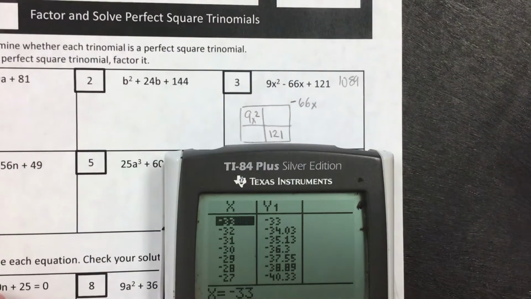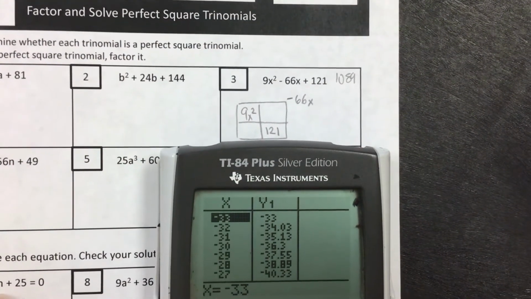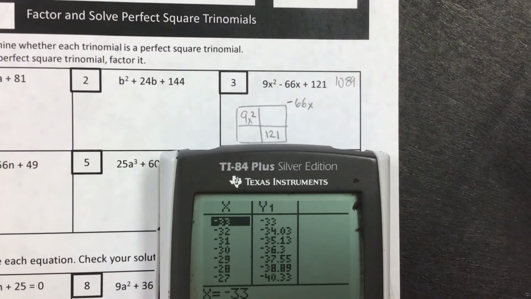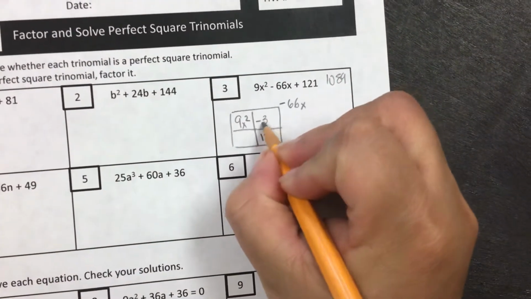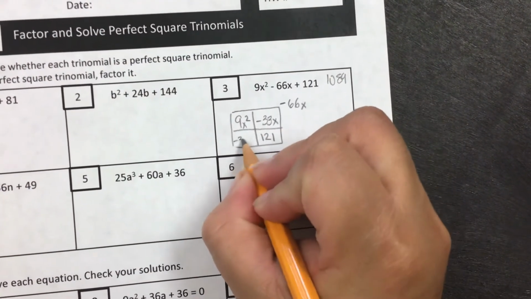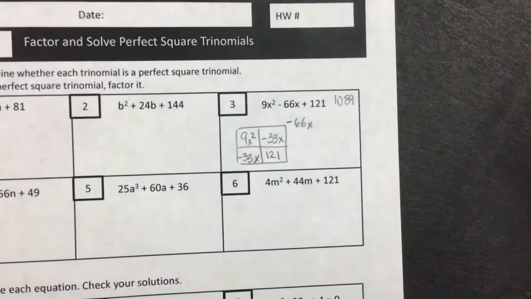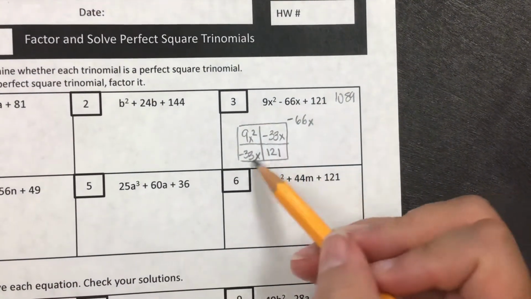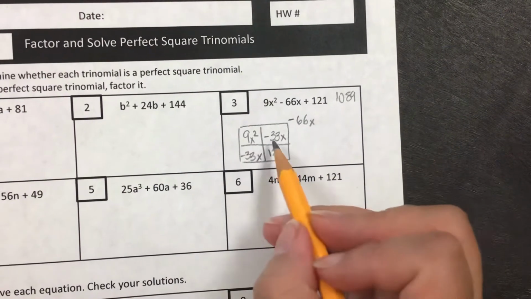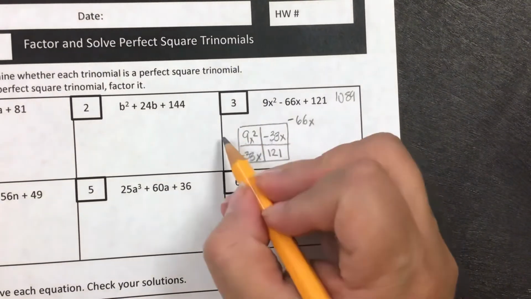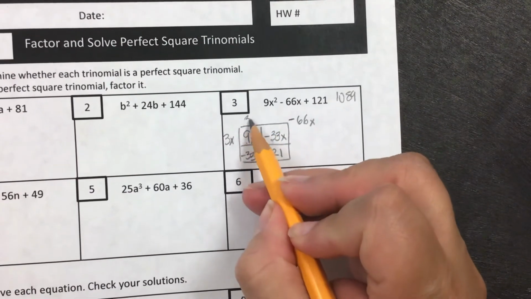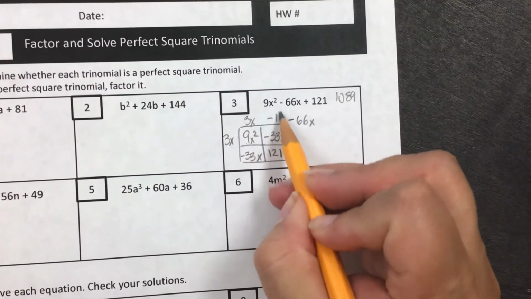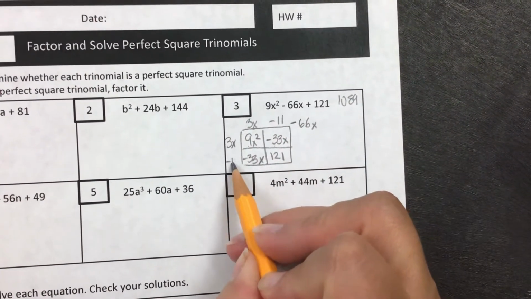There you go. You might be discouraged thinking that it doesn't have a factor when the factors are actually pretty high. So we got negative 33x and negative 33x that are going to add together to give you that negative 66. We're still looking for what they have in common. On this one, it would be 3x. That means this one will also be 3x, and this is negative 11, and this would become negative 11.